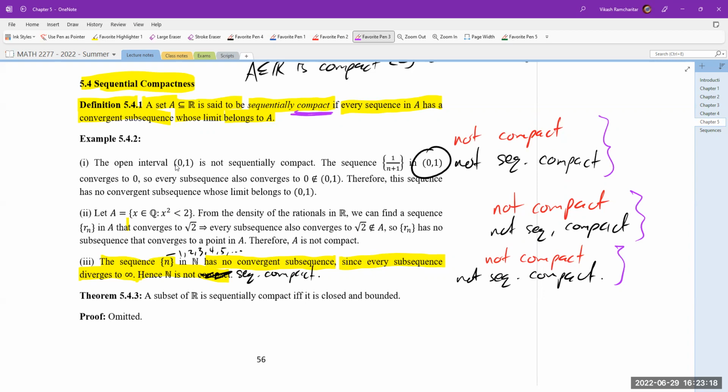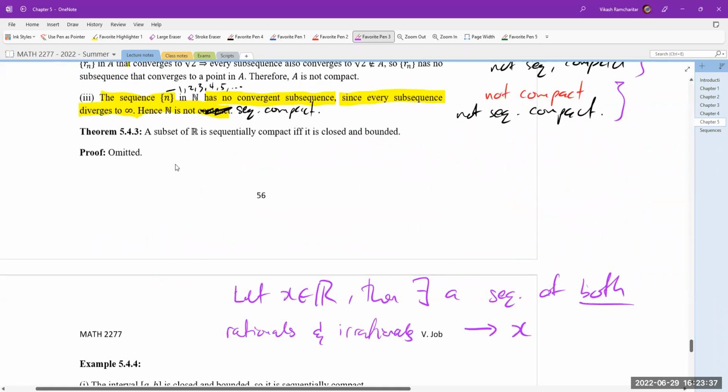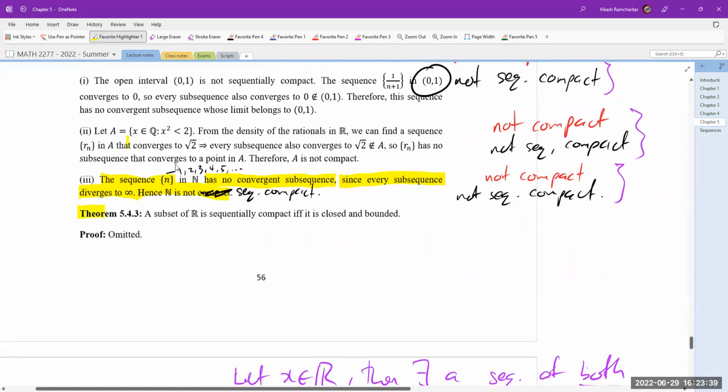Actually, for R, or for these sort of spaces, which are called metric spaces, sequentially compact is equivalent to compact. They mean the same thing. And that's given by this term over here. A subset of R is sequentially compact if and only if it is closed and bounded.